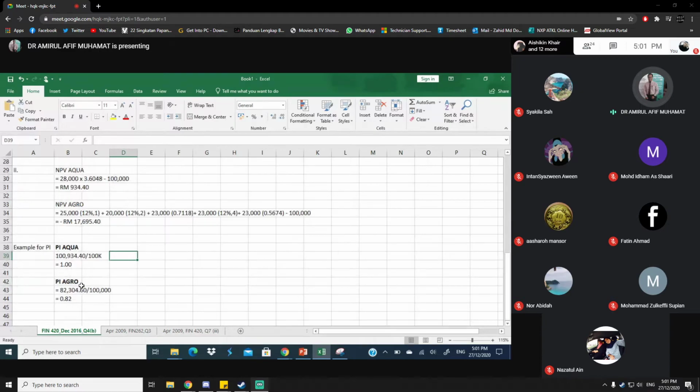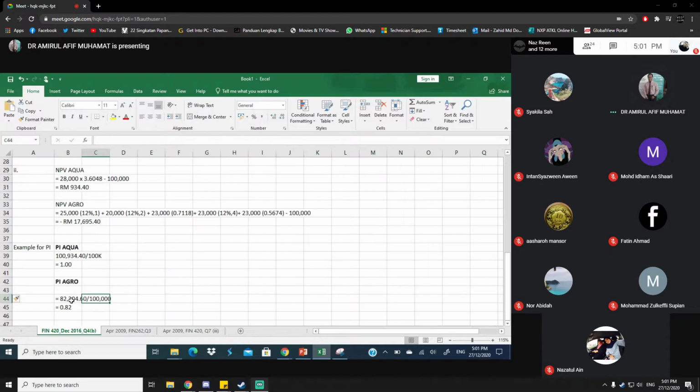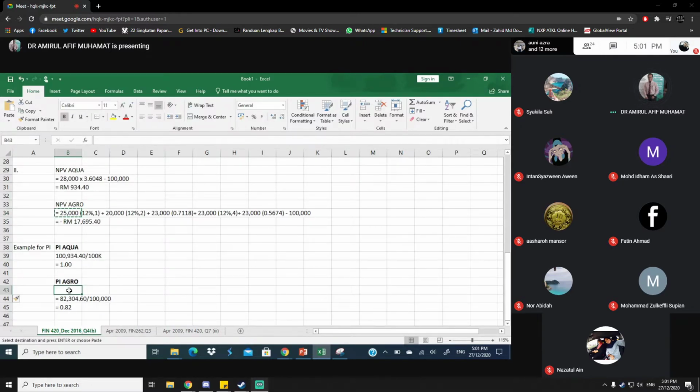For Agro, you sum up the total factor of income, minus, but you divide, and you will get PI 0.82.